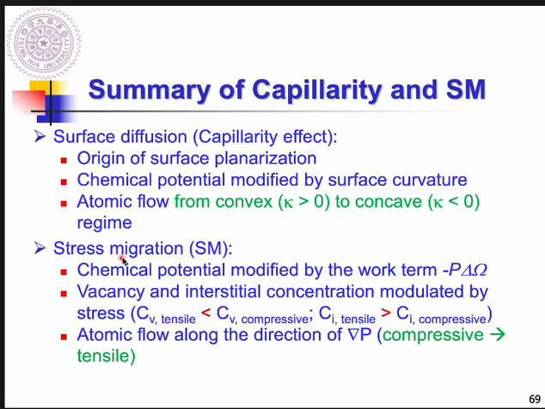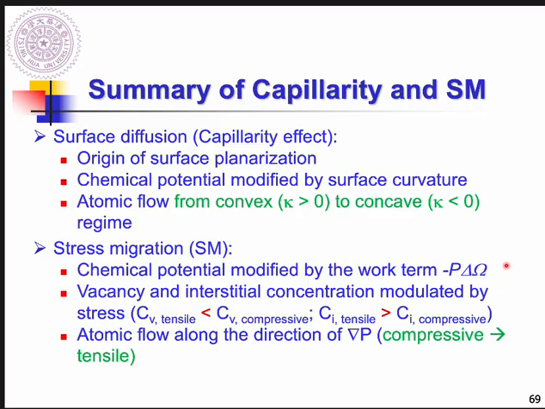And stress-induced atomic migration is also due to the chemical potential difference. How to modify it is also an extra term, stress times average atomic volume. And as my personal convenience or habit, atoms in the compressive region have higher chemical potential. So in the compressive region, P is negative, so negative, negative, positive.